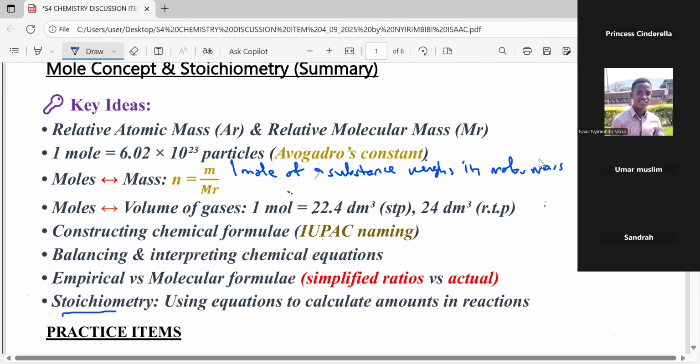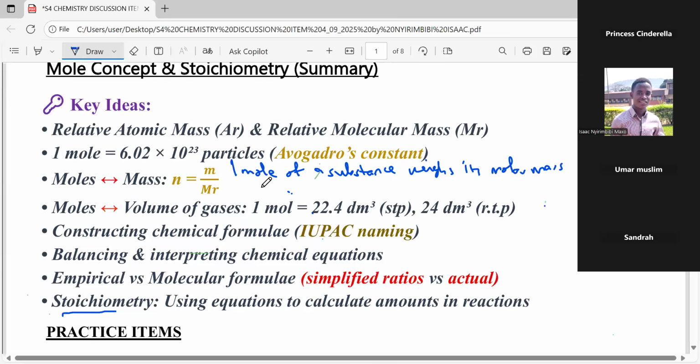Sandra, do you know about that? That 1 mole of any given substance weighs its molar mass. Yes, sir. Okay, now if you know that, so we are saying that 1 mole of a substance weighs its molar mass. And now we want to know the number of moles.